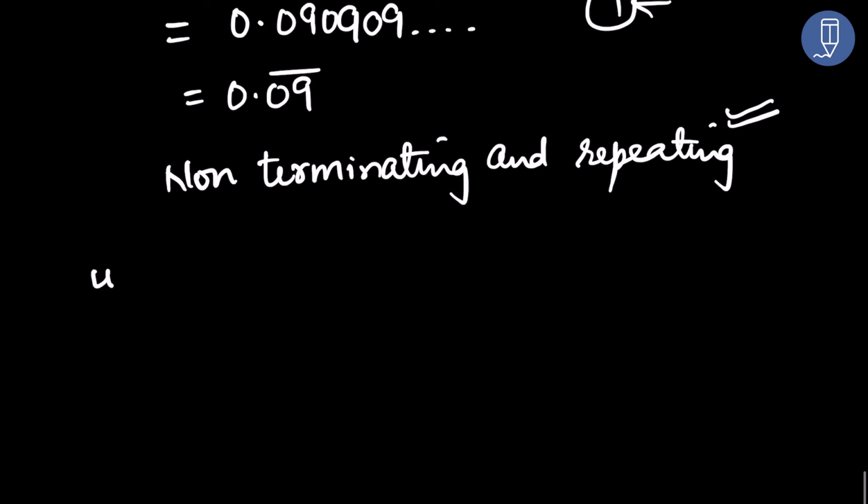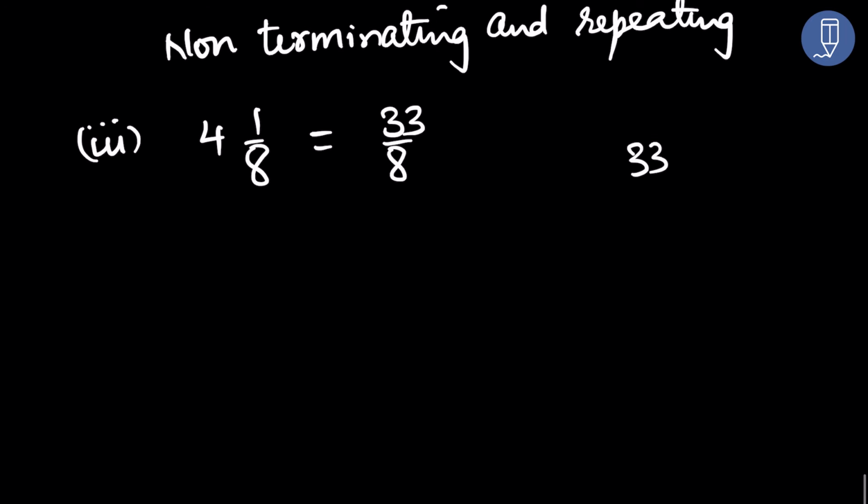Okay. Now, part 3. Part 3 is 4 1 by 8. So, first we convert it into improper fraction. This becomes 33 upon 8. We do long division now. 33 divided by 8. So, this becomes 8 into 4, 32. This becomes 1. We write down 4 point so that we get 10.